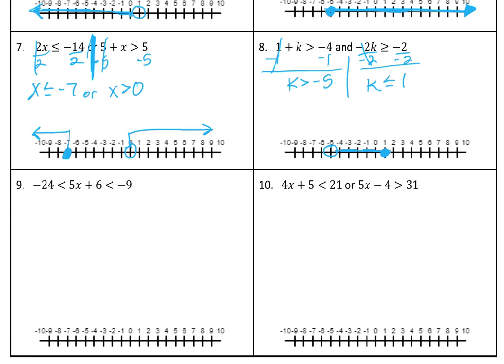These last two are two-step equations or inequalities, but there's like compound inequality. So that's more than 2 steps, really. Remember, we're going to solve the middle of this, the 5x plus 6, by subtracting 6 on the left, right, and middle.